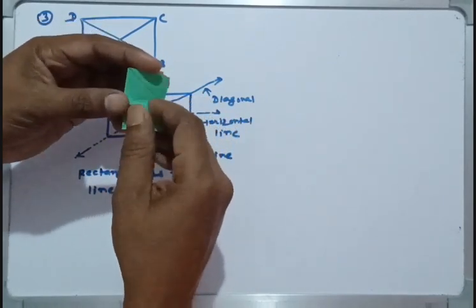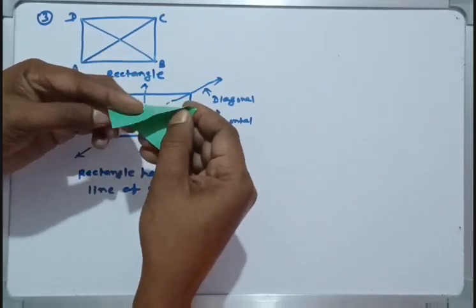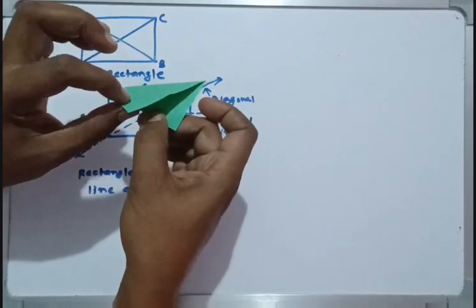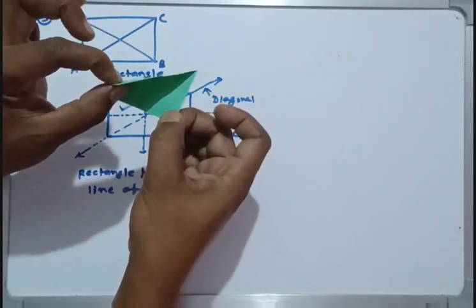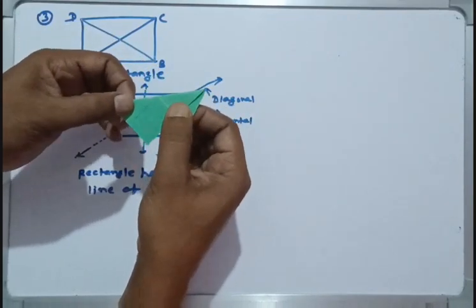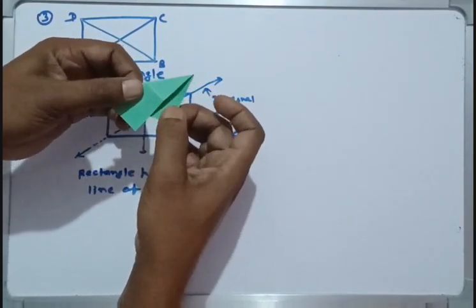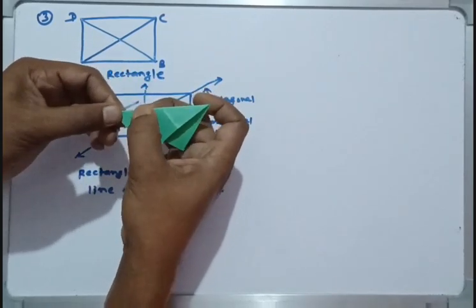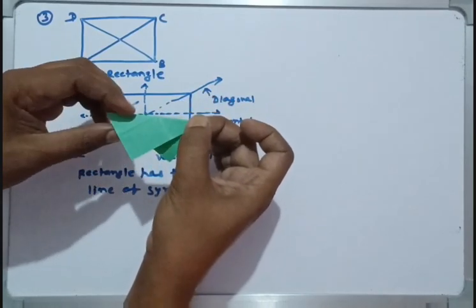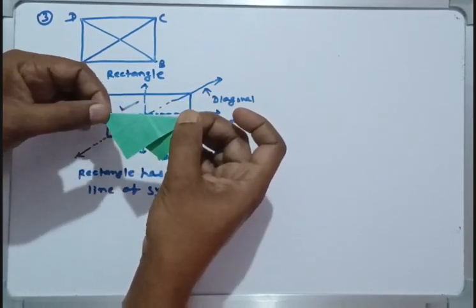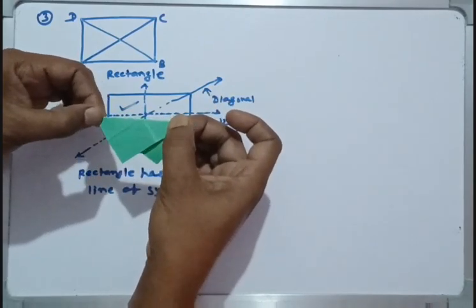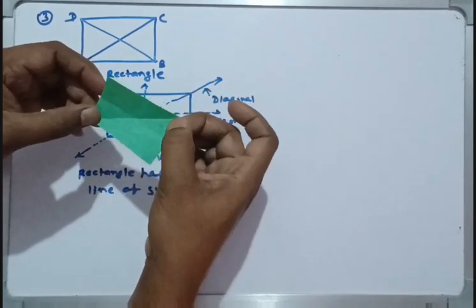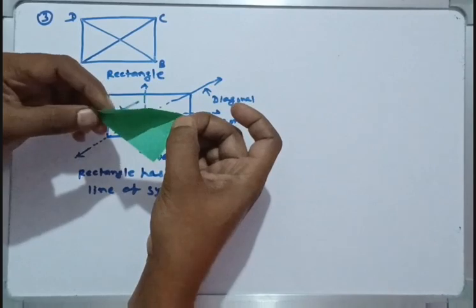Okay guys, but what happens when we fold along the diagonal? See, suppose this one is one half part and this one is the second half part, but the one half part does not overlap the second half part along the diagonal. So that's why I am telling here that this rectangle is not symmetrical along the diagonal.